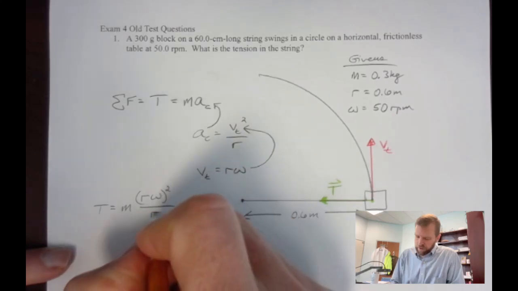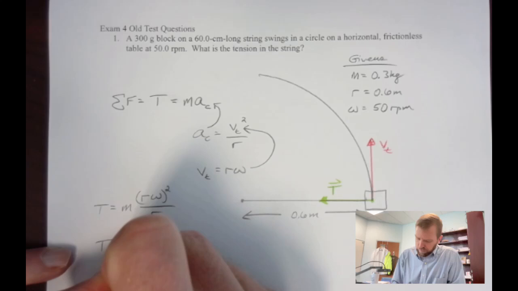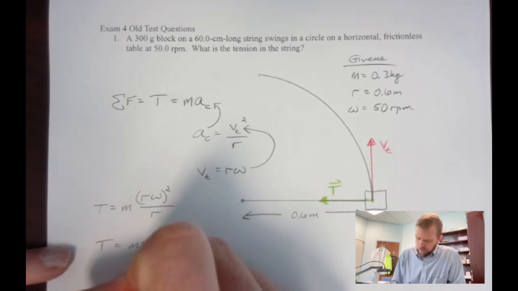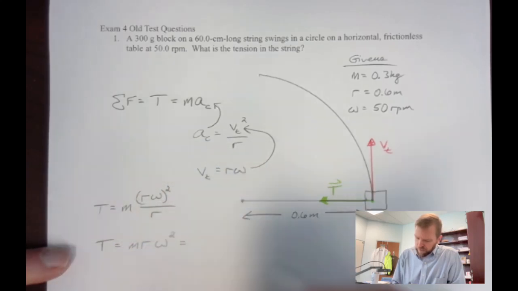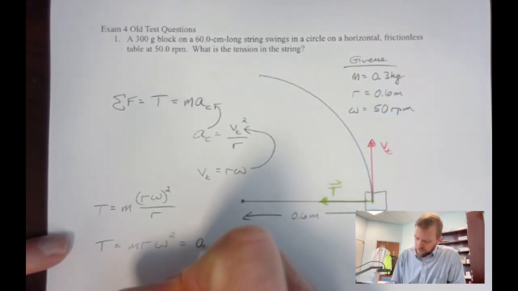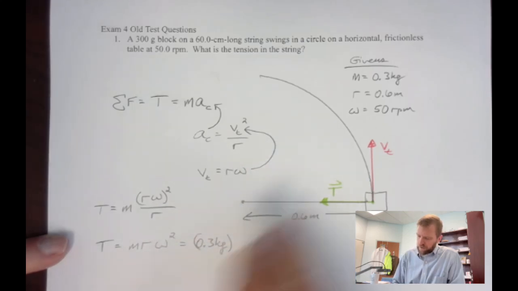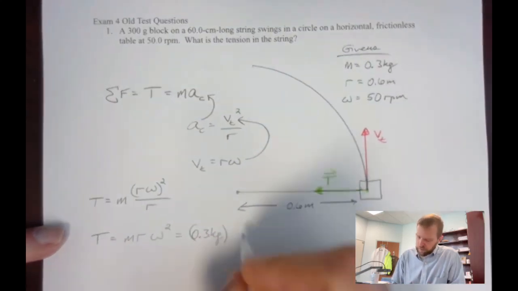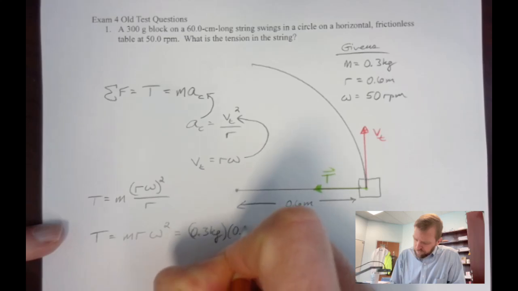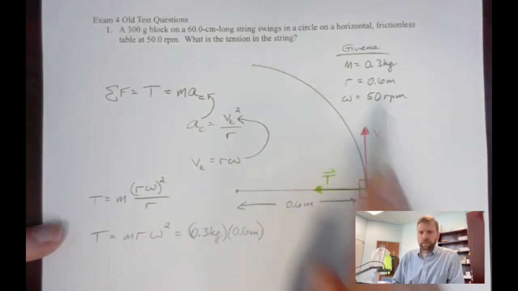One of the R's cancels, so we can simplify this to m R omega squared, and then plug in our given quantities. M is 0.3 kilograms, R is 0.6 meters, and omega is 50 RPMs.